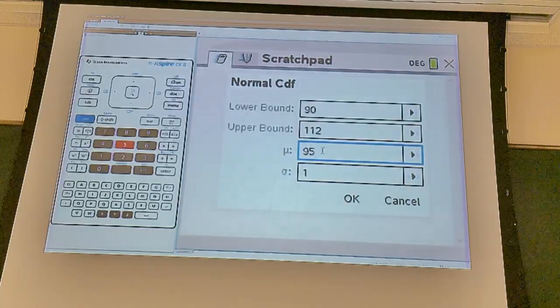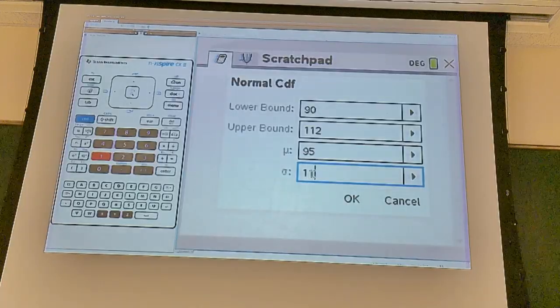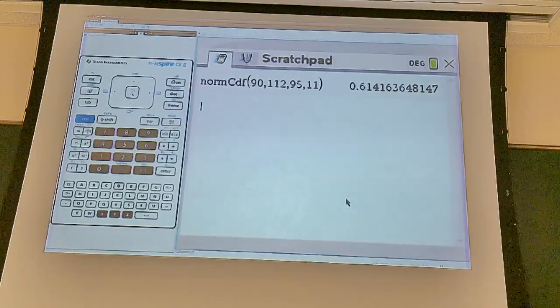Mean was 95, right? And the standard deviation was 11. There's the probability.